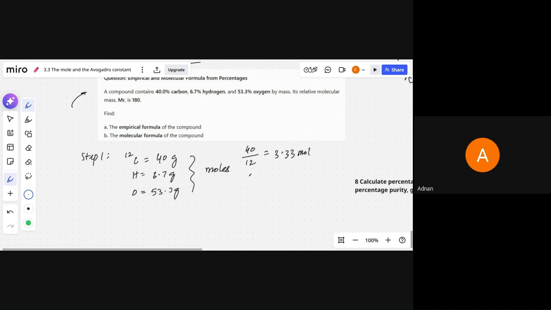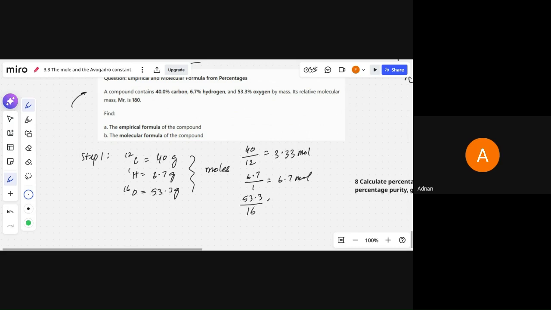And for hydrogen, since its molar mass is 1, and oxygen is 16, 6.7 divided by 1, you get 6.7 moles. And for oxygen, we have 53.3 grams of oxygen.